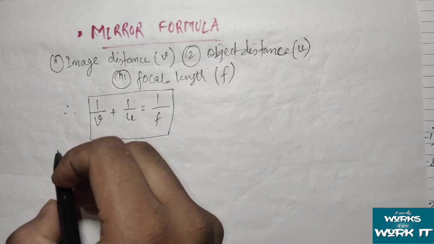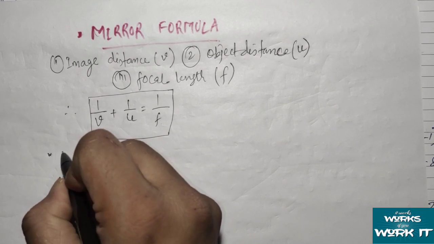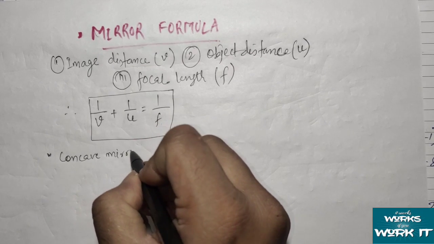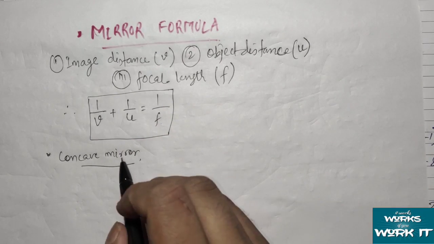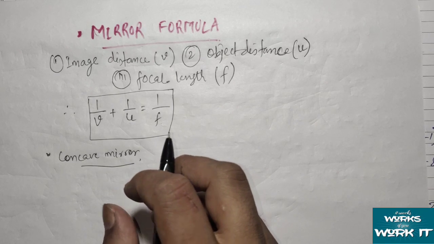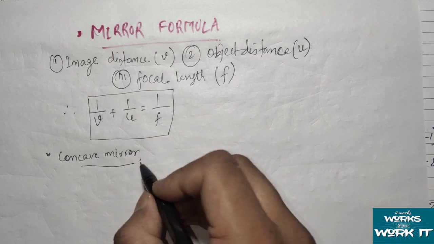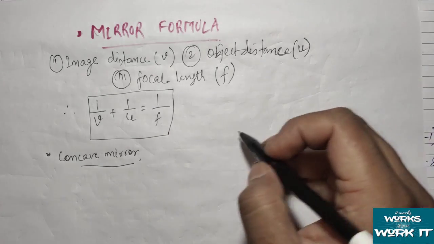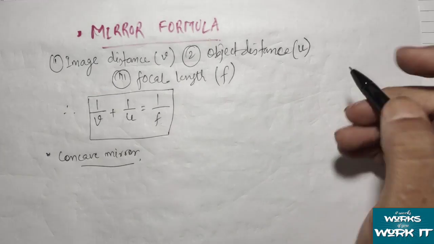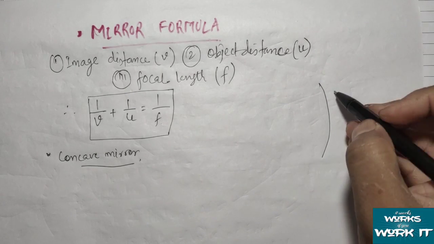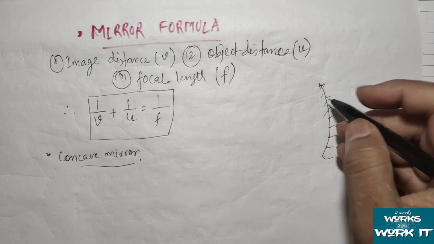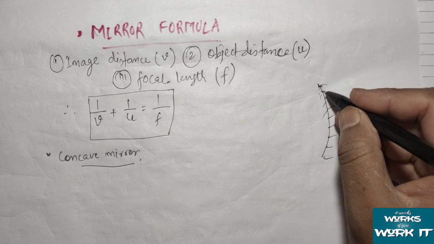Let me show you for a concave mirror how to use the sign convention. Suppose the question is of a concave mirror. If you have seen the image formation of a concave mirror, if I draw one concave mirror here, this is the reflecting surface and this is the back part.